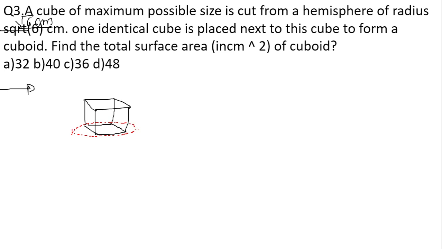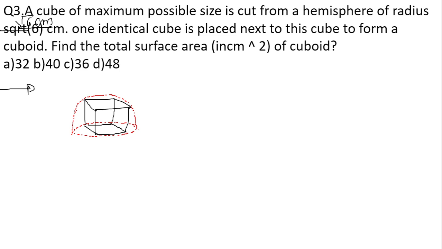This is the half of the sphere, that is the hemisphere. The cube has been adjusted in this hemisphere, for example. This was a hemisphere from which we have made this cube. There was one hemisphere, we have cut down this hemisphere and given the shape of cube to it.